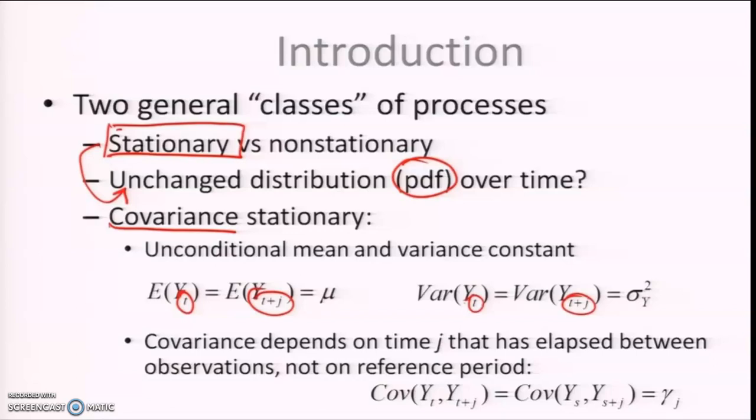That is, the covariance between yt and yt plus j is equal to the covariance of ys and ys plus j, and that exclusively depends upon the time difference between the two observations, and that is why the covariance of yt and yt plus j and the covariance of ys and ys plus j is equal to gamma j. So it means that the covariance between two observations depends upon the j, which is the difference between the two time periods.